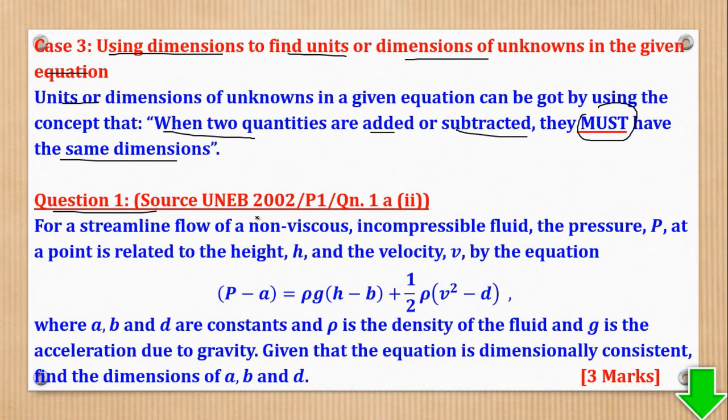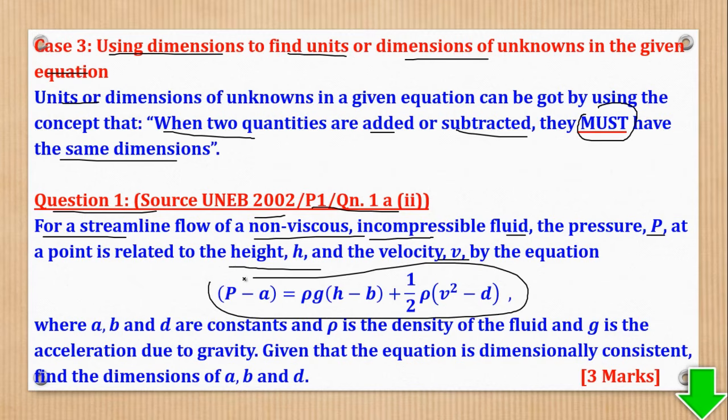Question 1 came from Geneva 2002, paper 1, question 1a, and it says, for a streamline flow of a non-viscous incompressible fluid, the pressure P at a point is related to the height h and the velocity v by the equation this.